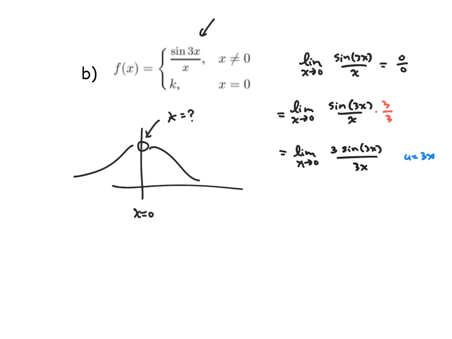So I'm going to rewrite my limit in terms of u. As x goes to 0, what would u go to? u would also go to 0. So as u goes to 0, we would have 3, sub in a u for 3x, sine of u over u. Now that looks great, right? I'm going to use a property of limits where I can take a constant out.